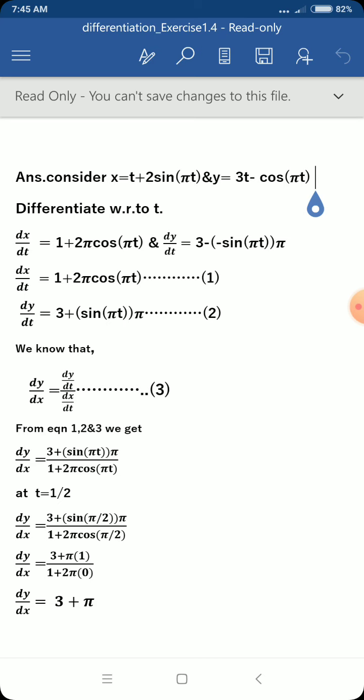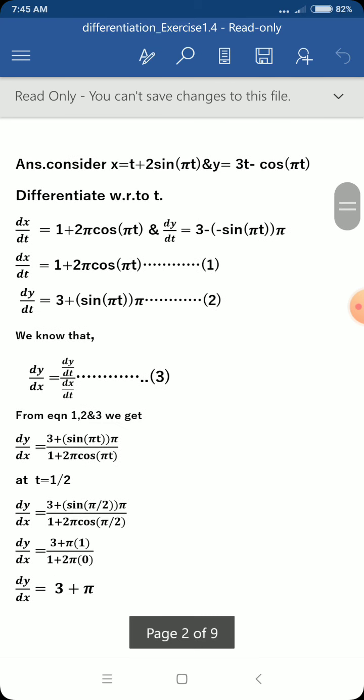Now the derivative for the first equation, x is equal to t plus 2 into sine of pi t. The derivative of x is dx upon dt equal to the derivative of t, which is 1, plus 2 into the derivative of sine of pi t, which is cos of pi t, into pi.